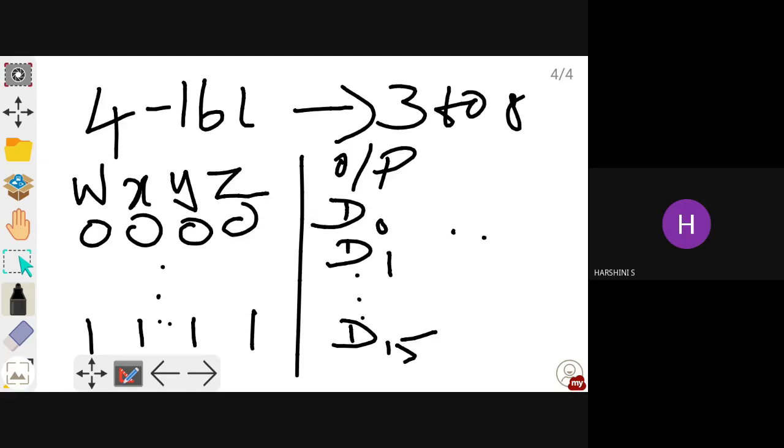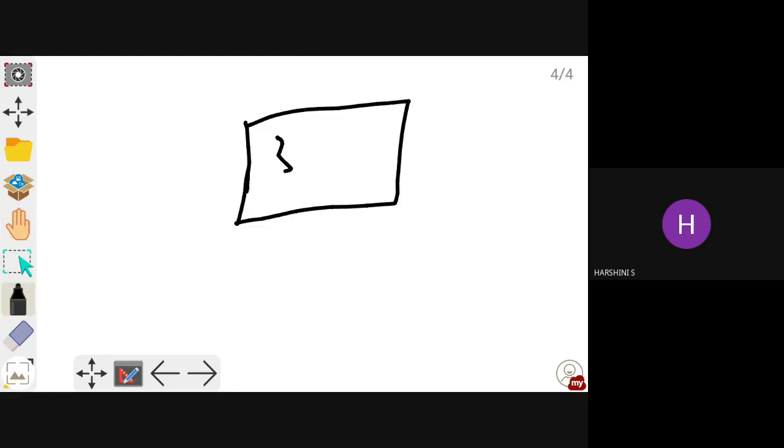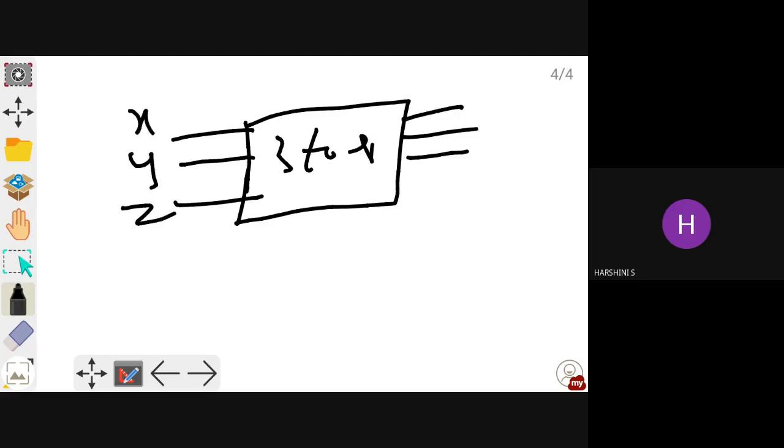So for a 3 to 8 line decoder, 3 inputs are definitely needed, one for enable. So W you give for the enable input, and X Y Z you give to the 3 to 8 line decoder. So the design is similar here. So a 3 to 8 line decoder, you get 3 inputs, that is X Y Z. Output will be 8 outputs, that is D0 to D7.